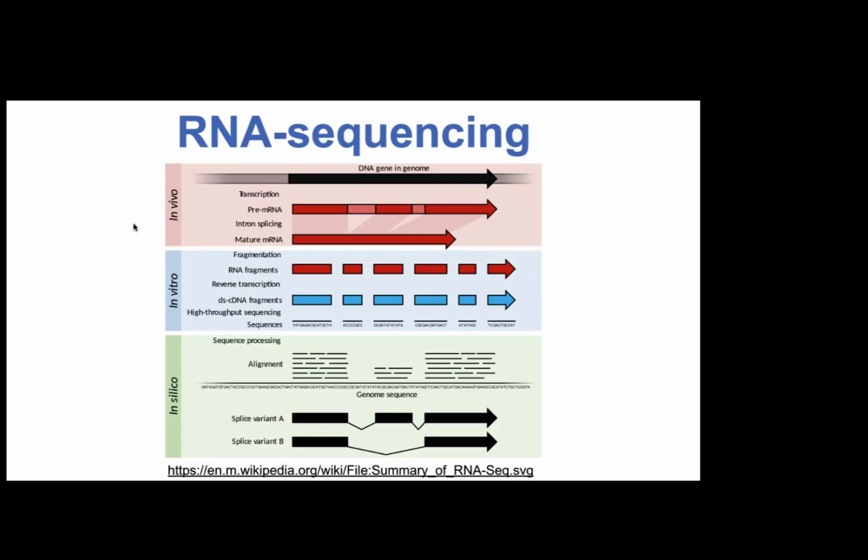What we do is extract all the mRNA from the cells. Then there's a step called fragmentation, which is basically using something like an ultrasound, a sonication, which makes the mRNA vibrate. And depending on the frequency, it will break the mRNA into pieces of a desired length.